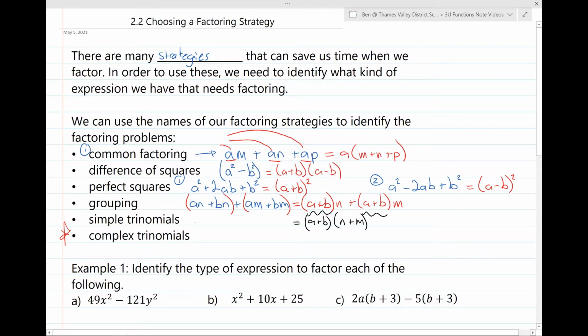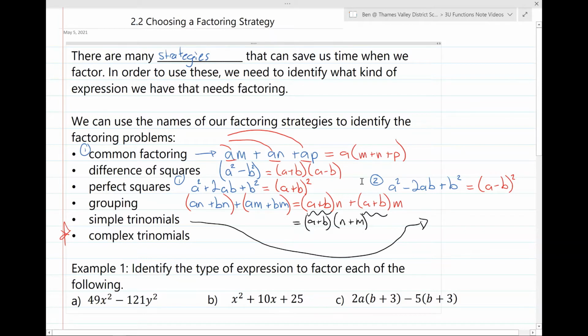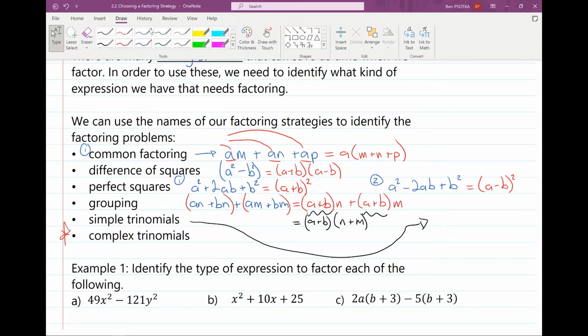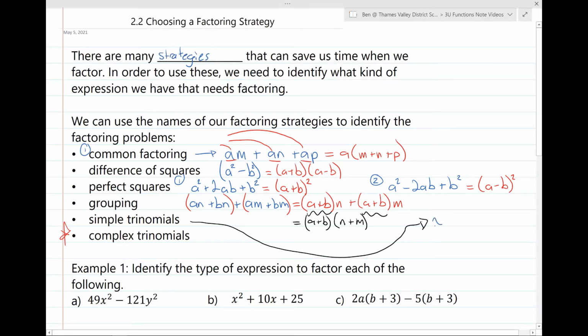Now, moving on, a simple trinomial, and I realize I'm running out of space a little bit here. A simple trinomial, let's write that over here, will look of the form x squared plus bx plus c.